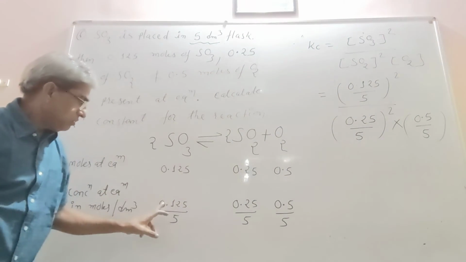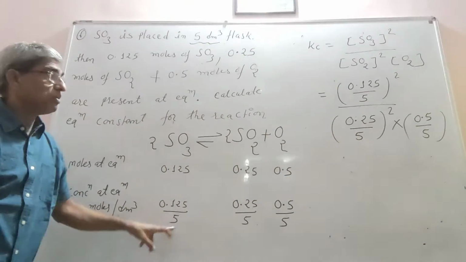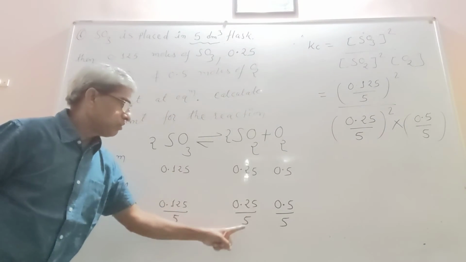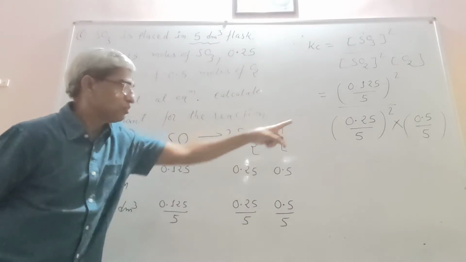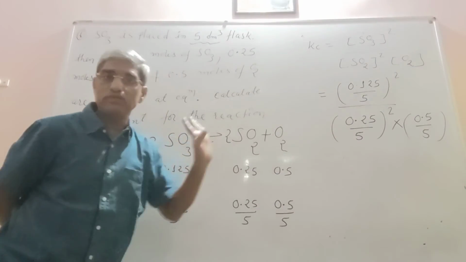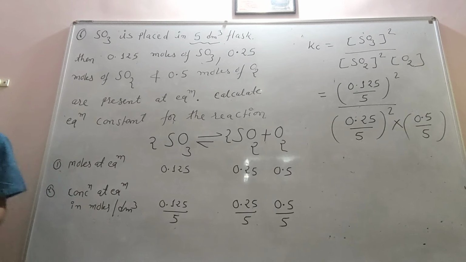Concentration of SO3 is 0.125 divided by 5 whole raised to 2. SO2 concentration is 0.25 by 5 raised to 2. And O2 concentration is 0.5 divided by 5. Right? Then simplify it.